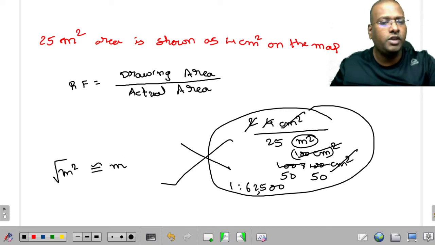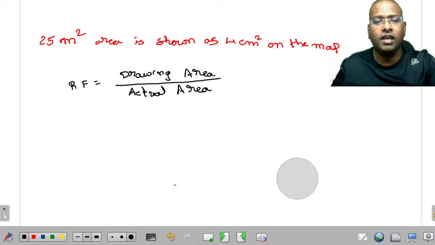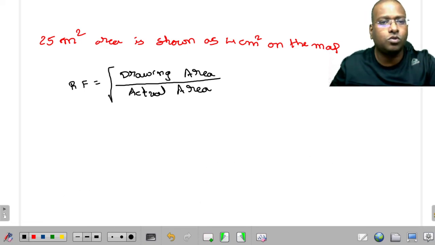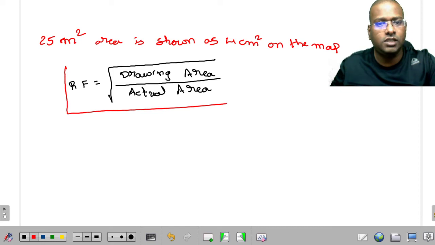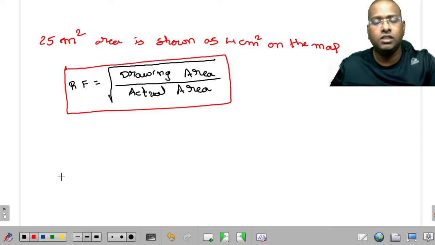Very simple. If you take the square root of it, we get the meter. So once the areas are given, the formula we use is the square root of drawing area divided by actual area. This is another formula for representative factor.